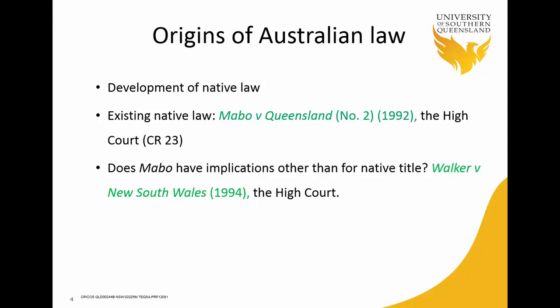Mabo is also important for the purposes of the issue of the standing of precedent and the question of certainty in the law. If you recall, we discussed these in previous lectures, and specifically in the previous lecture on chapter 1, when we said that certainty is one of the characteristics that we want to have in our legal systems.